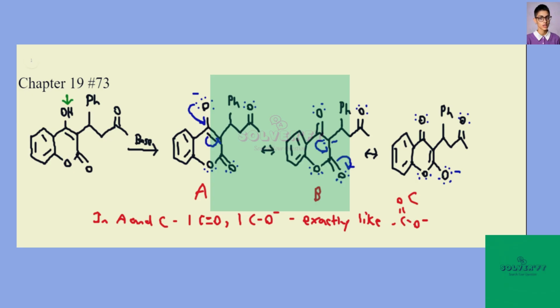And so that's going to really strengthen the ability of this deprotonation to happen, which is another way of saying it's going to make that proton that we labeled in the beginning of this problem much more acidic, because when it's deprotonated, it's not that big of a deal. This molecule can delocalize that negative charge pretty efficiently. And so that's the answer to chapter 19, problem number 73.